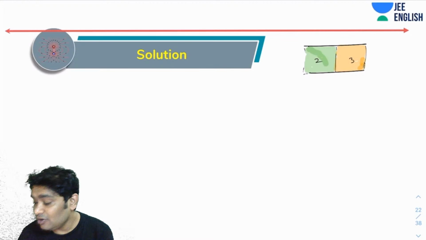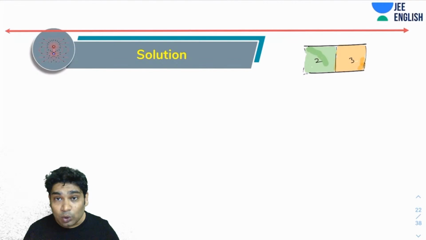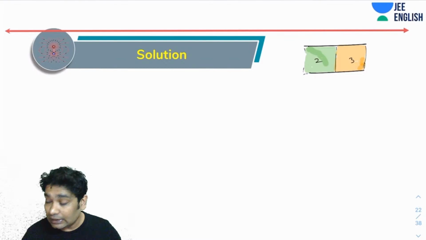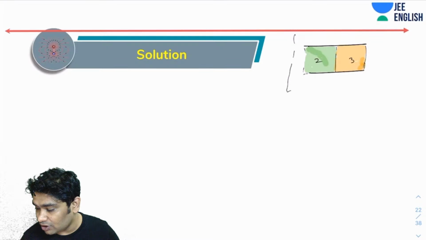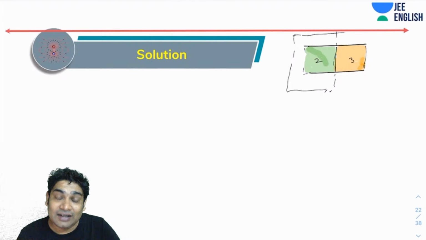Now all you need to remember is that you can think of this as a parallel combination of two capacitors. Think about it. If I'm just focusing on this part, this is a capacitor which is fully filled with a dielectric of dielectric constant 2.